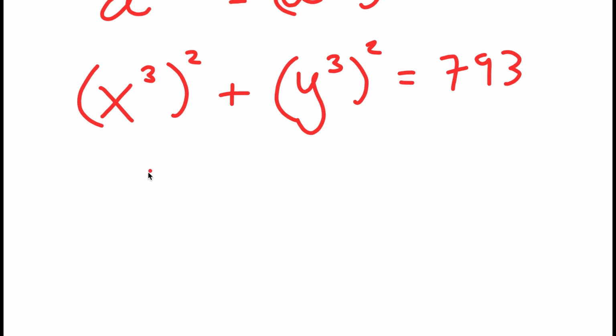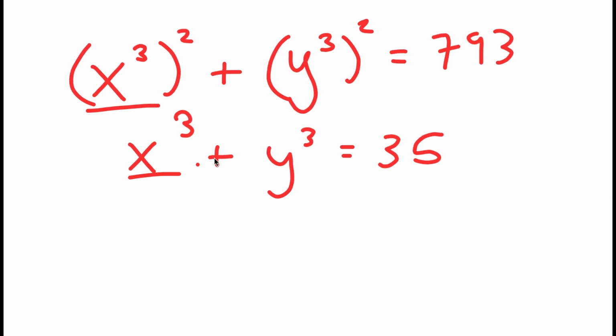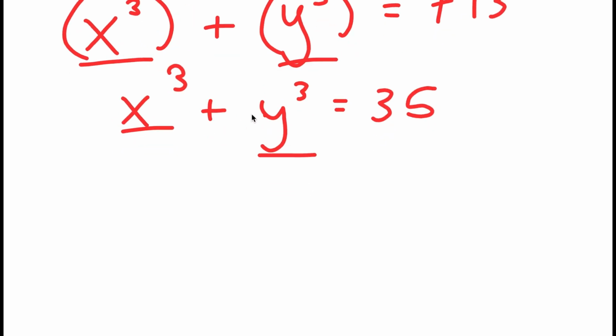Now, I'm going to bring in my second equation, which is x to the power of 3 plus y to the power of 3 is equal to 35. Notice how both of these equations have x to the power of 3 and y to the power of 3 in them, so I'm going to substitute a variable for these terms.